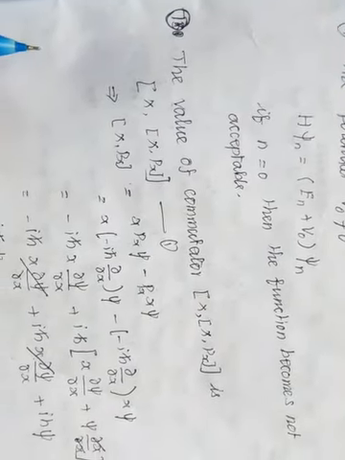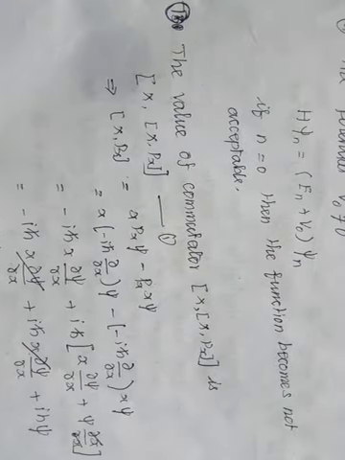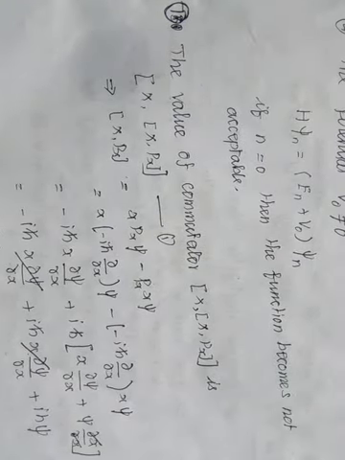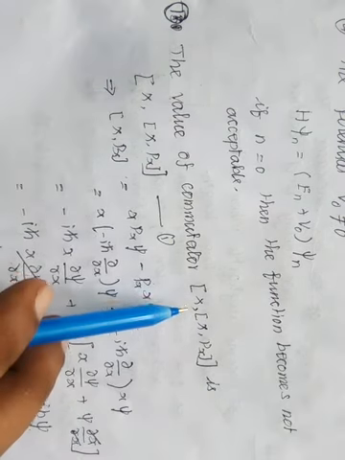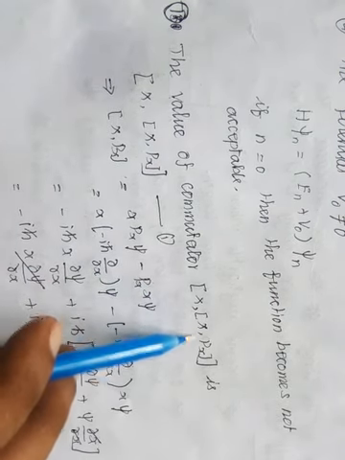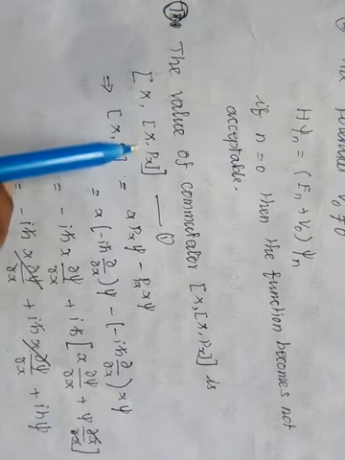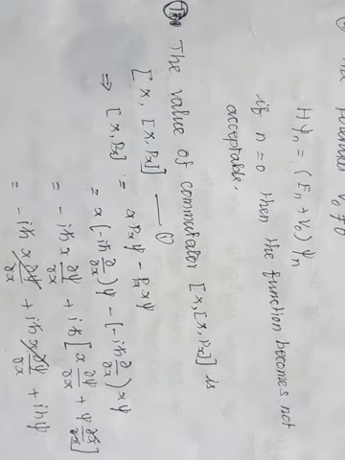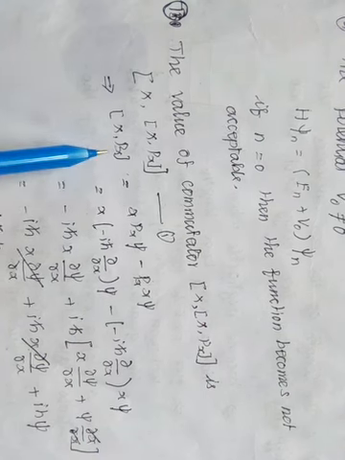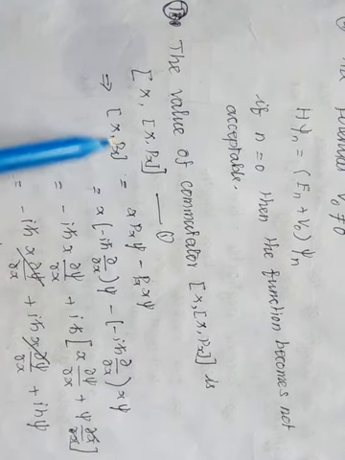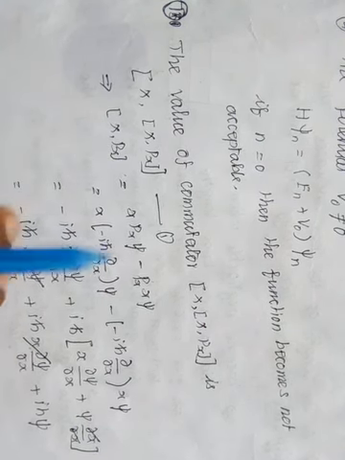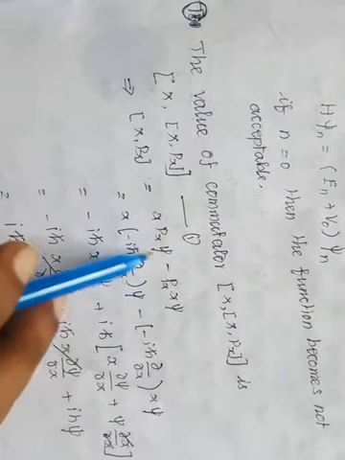Now the next question, the value of the commutator. This is one important question. Based on these concepts, you can expect some questions. The value of the commutator [x, [x, px]] is what we want. For [x, px], which is equation 1, in order to calculate this, we have to introduce one wave function psi.